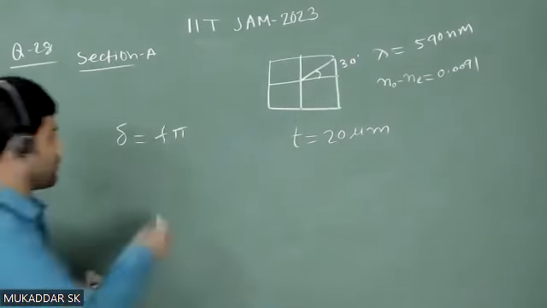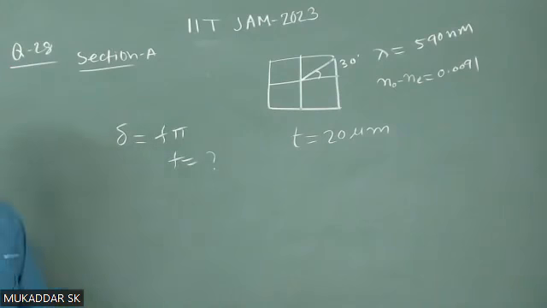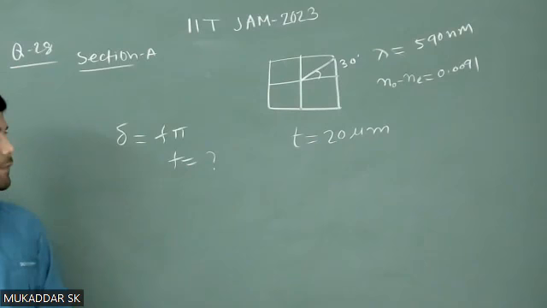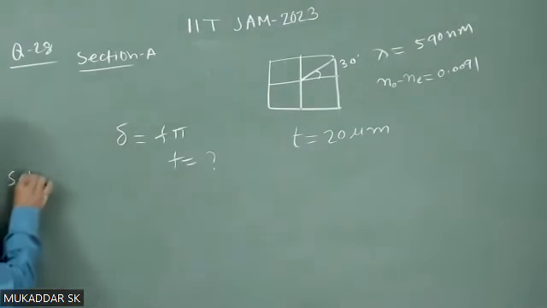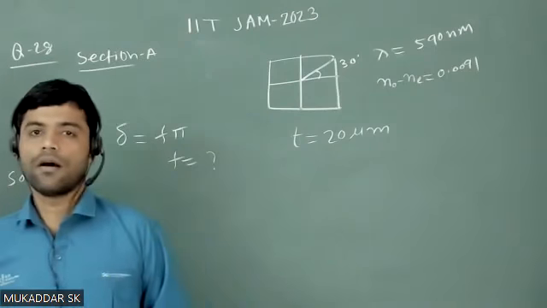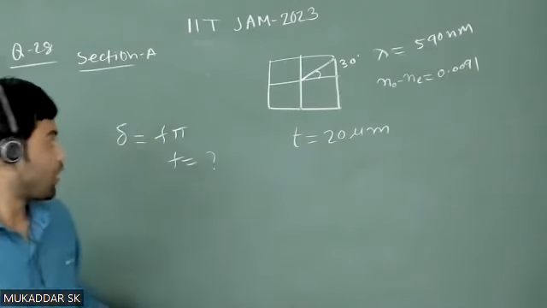So you have to calculate that value of f, and also the state of polarization of the transmitted light. A beautiful question actually, and this type of question was also asked in JS 2022. So how will we solve this?